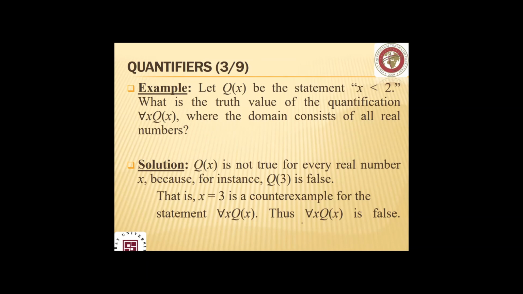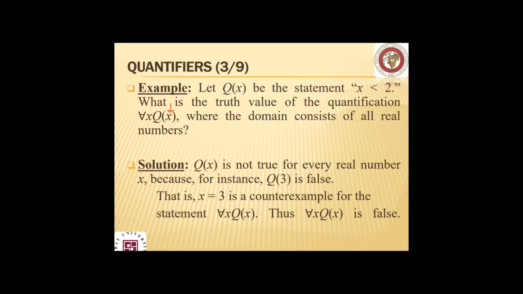All right, let's take an example. Let Q(x), as a predicate, sorry, be equal to x less than 2. Now, in order for us to check whether for all values of x, Q(x) is true, where the domain, what we substitute for x, is all real numbers.